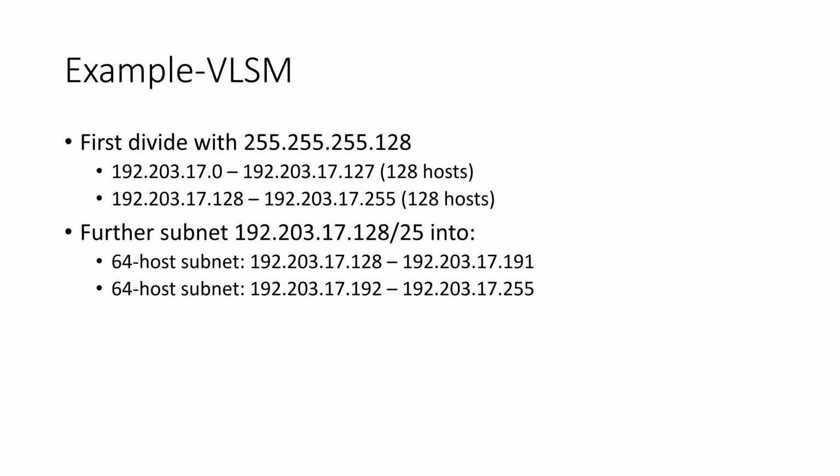So how do we fix this with VLSM? First, we split the 192.203.17.0 network using the 255.255.255.128 mask, creating two subnets. So one is 192.203.17.0 to 192.203.17.127, and the other is 192.203.17.128 to 192.203.17.255.